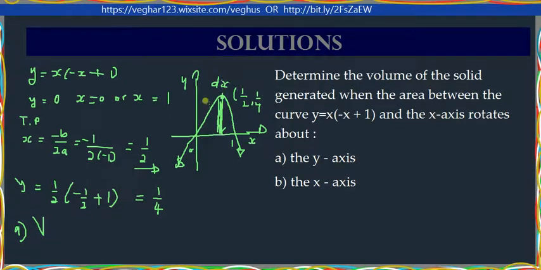As you can see, the strip is dx. So the strip and the axis of rotation are not the same axis, so it's a shell method. So I have 2 pi xy. Our limits are 0 and 1 because these are the boundaries of the x-axis.